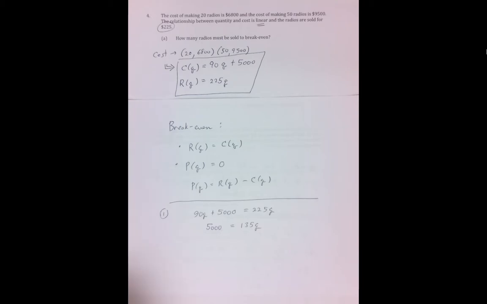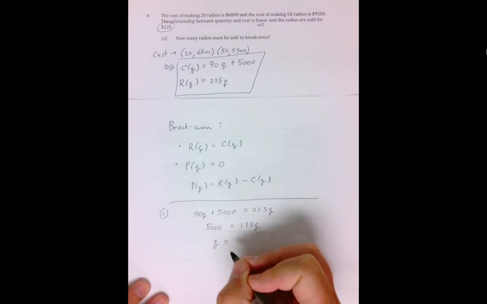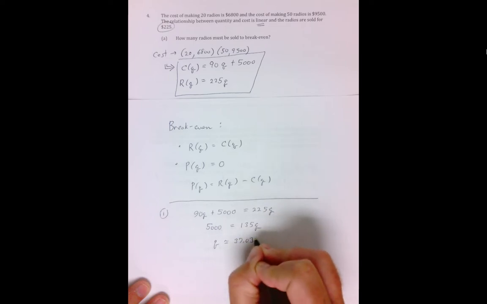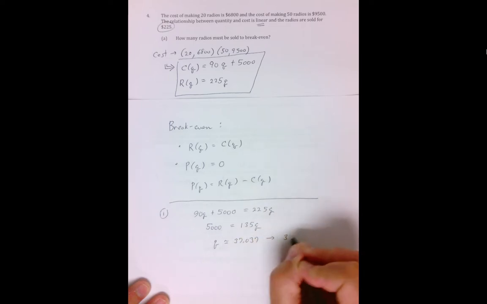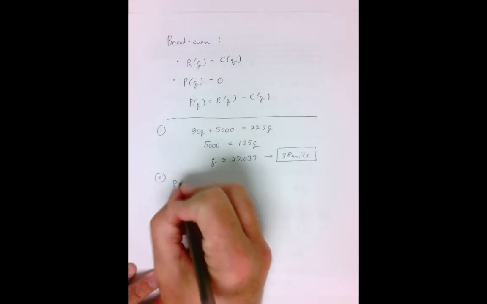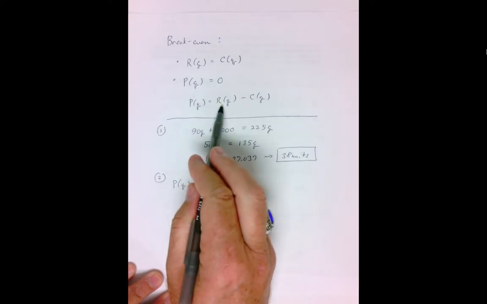So I get my quantity at 37.037. So we'll report that as 38 units.